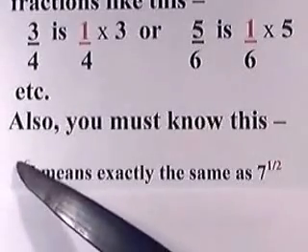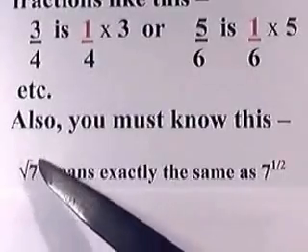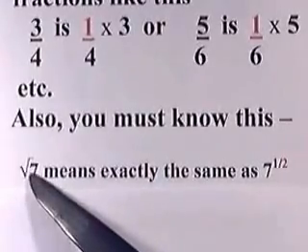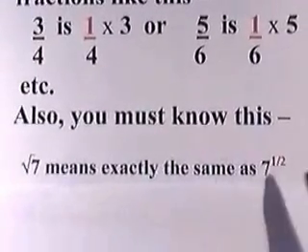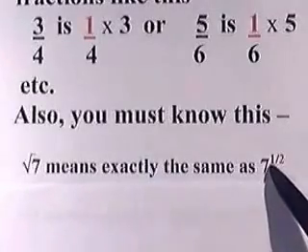If you look at very old mathematical textbooks, they still used to write the little 2 there, meaning you are taking the square root of 7. But what I want you to remember here is that the square root of any number is the same as that number raised to the power of a half.